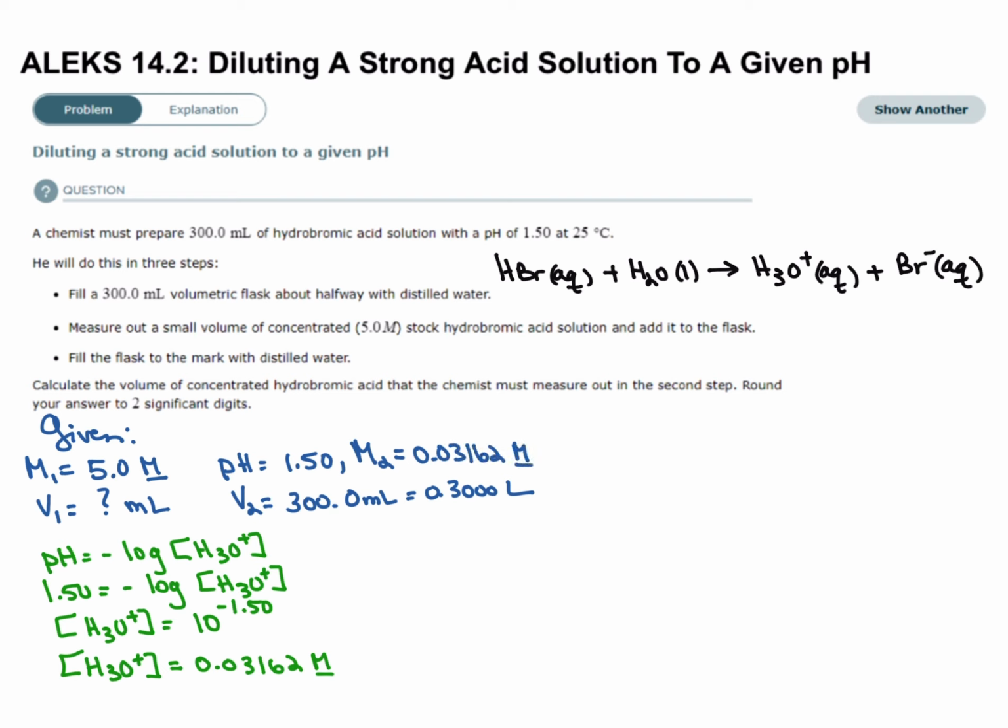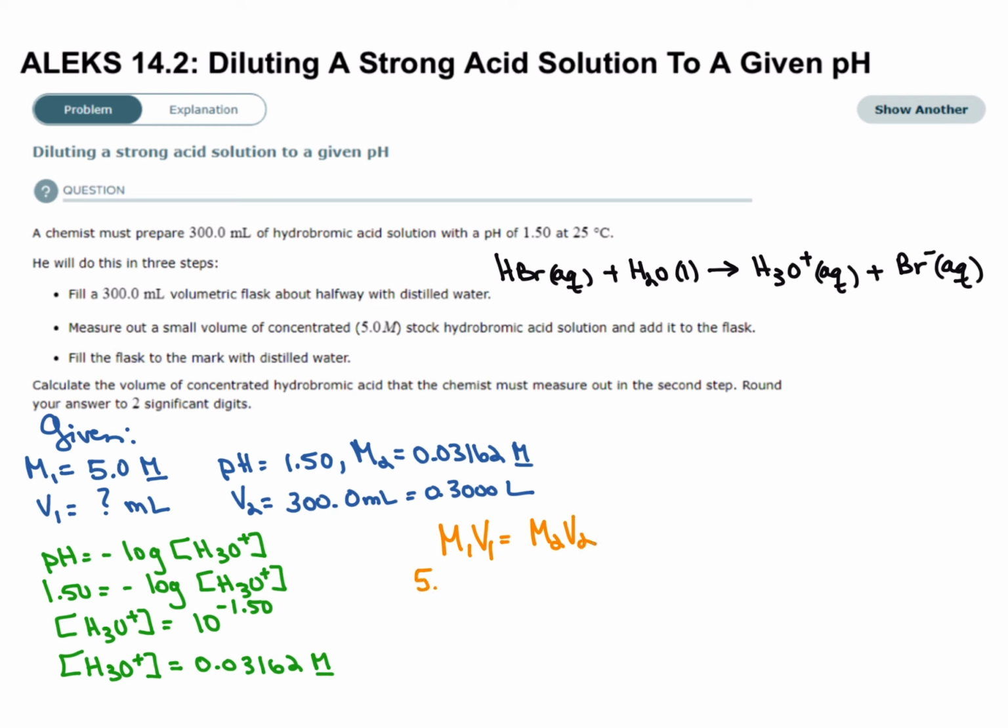All right, so I have the molarity and the volume of my new solution, and I need to determine the volume of my original solution. So that is the dilution formula: M1 times V1 equals M2 times V2.